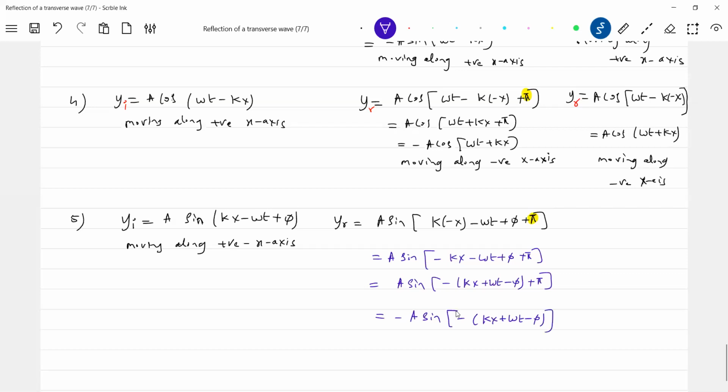It will be like this. Why that pi? Sine of theta plus phi will be minus sine theta. Then now take negative sign outside, will become a sine kx plus omega t. This one. Please do take help of maths. We don't have any concept.